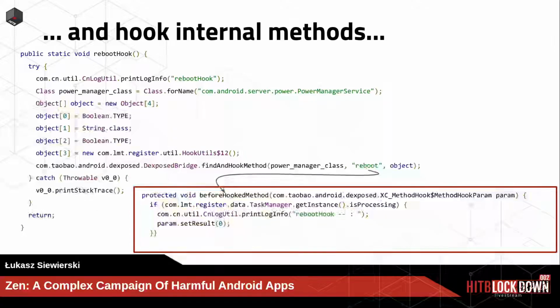So then it finds the find and hook method for reboot in the Power Manager service. So you can see that there is a method called before hooked method. This will be executed before the reboot is called. And as I said, the only thing it does is returns the value, effectively stopping the reboot because the value is already returned. So the method doesn't have to run, and the phone doesn't have to be rebooted.